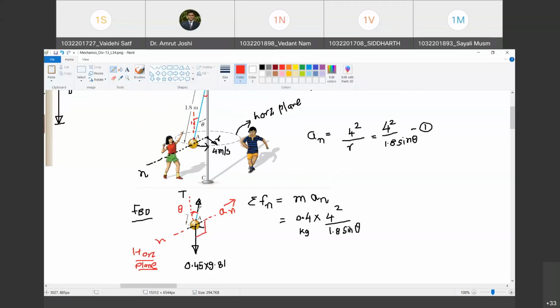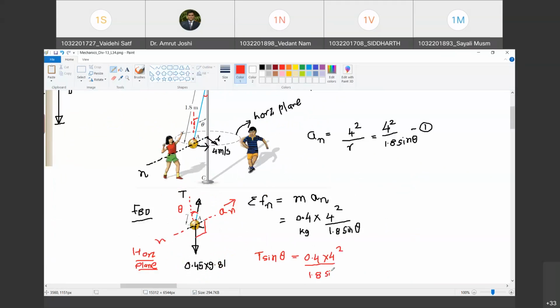But this T is going to have a component. And how much is that component? T sine theta. What else is going to have a component? Nothing. So T sine theta must be equal to 0.4 into 4 square upon 1.8 sine theta.